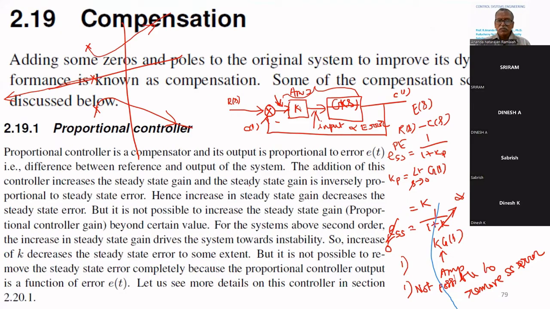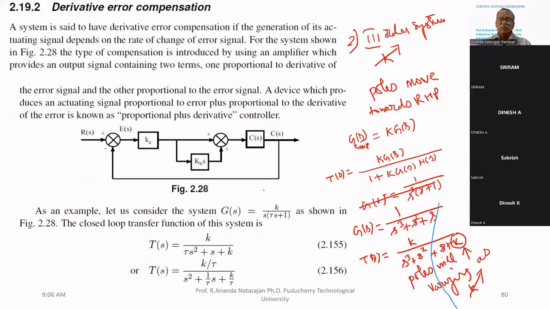Because for a type 0 system, as k tends to infinity, only then does the steady state error become 0. But it's not possible to have an amplifier with infinite gain. That is the first point. That's why steady state error will always be there, even if you put this controller. The second one is that from third order onwards, if we increase k, the closed loop poles will move towards the right hand side.